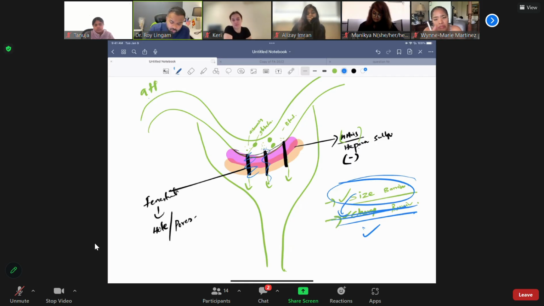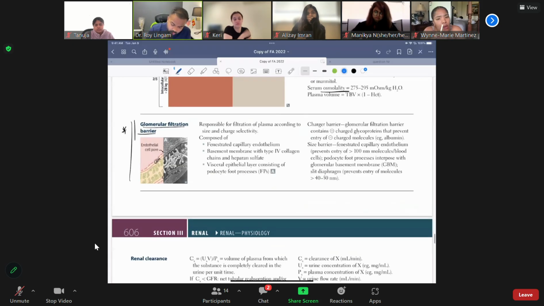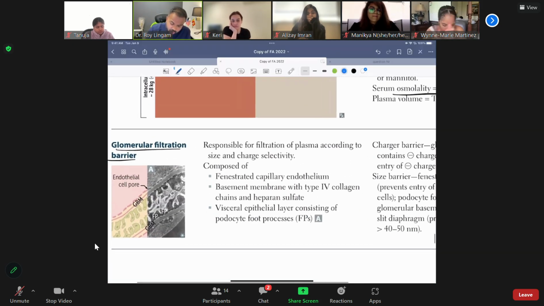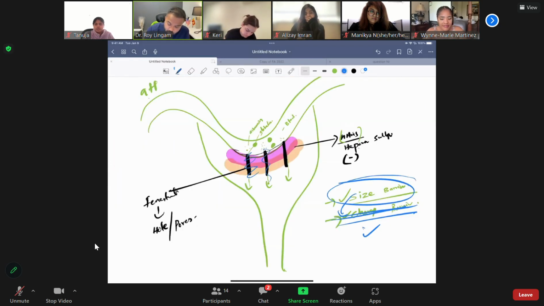All right. Now, if you go back to the book, look at this. The glomerular filtration barrier is responsible for filtration of plasma according to their size and charge. Now you could see what those are composed of. Fenestrated capillary endothelium. In my drawing, I didn't do the endothelium. It's right here. Inside the blood vessel, you have endothelium.